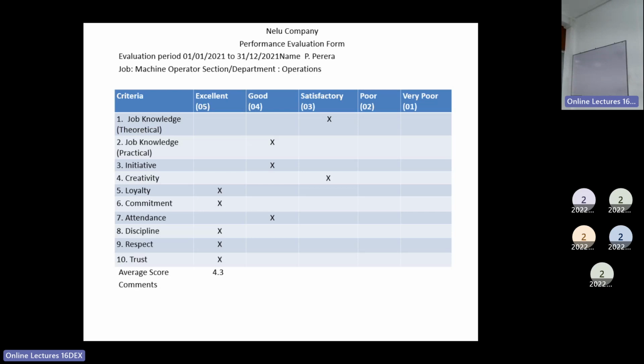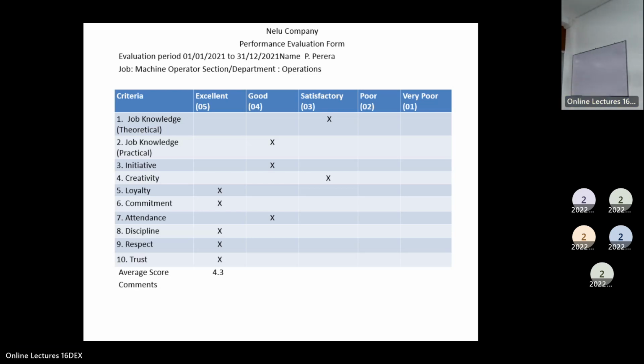Then the second one, job knowledge practical. What is the evaluation given? Is it excellent, good, satisfactory, poor, very poor? Job knowledge practical has been good. If it is good, how many marks should be given? 4 marks. Initiative? Good. How many marks? 4.